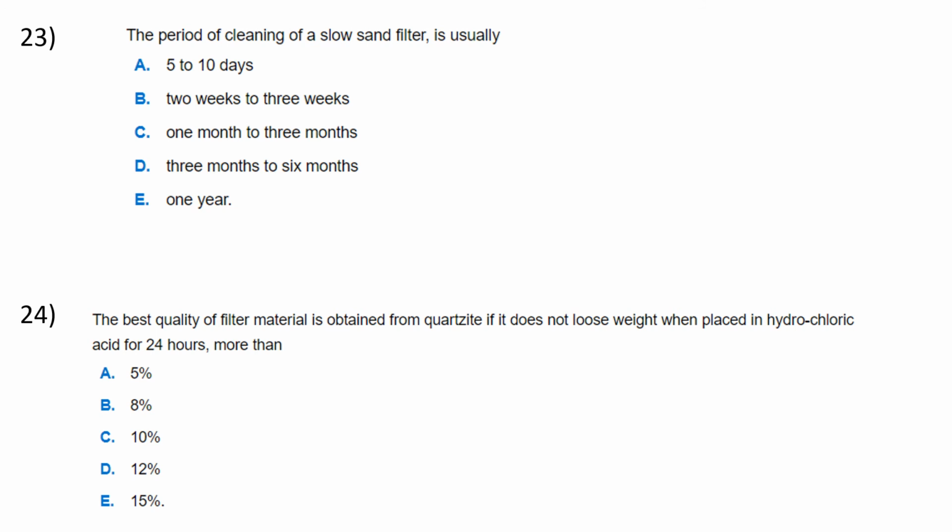So if quartzite is to be used as a filter material, it should not lose its weight more than 5% if it is immersed in hydrochloric acid. So the answer is option A, 5%.